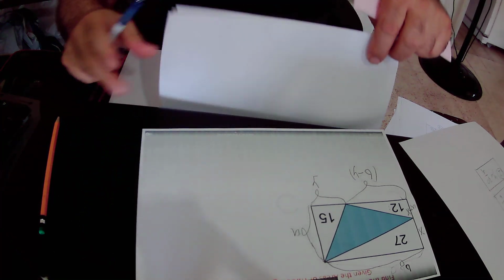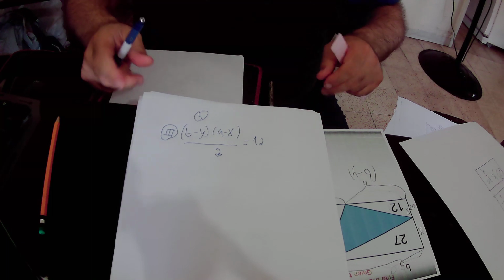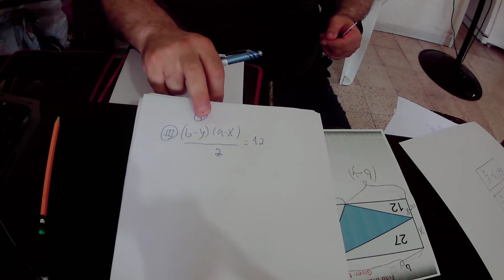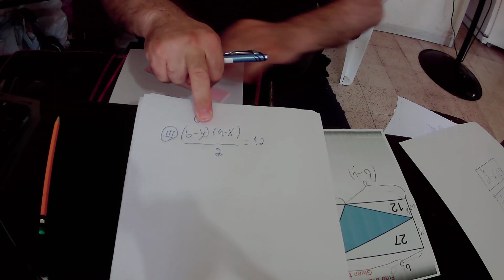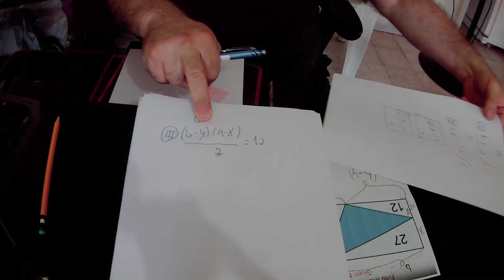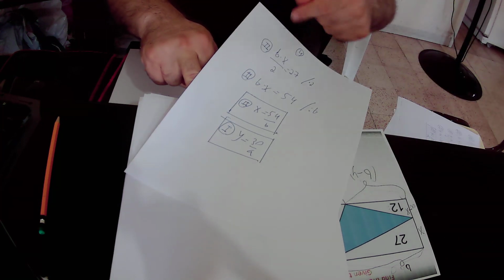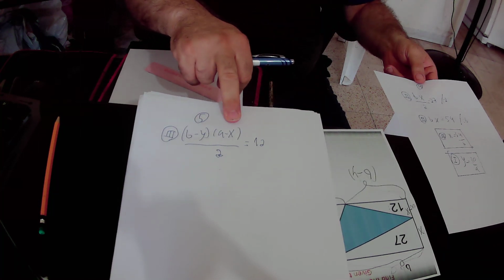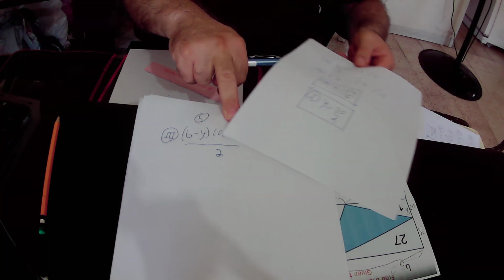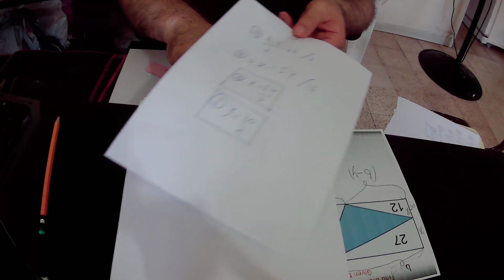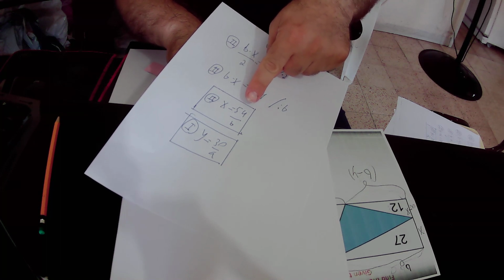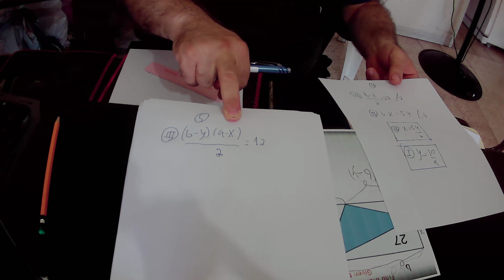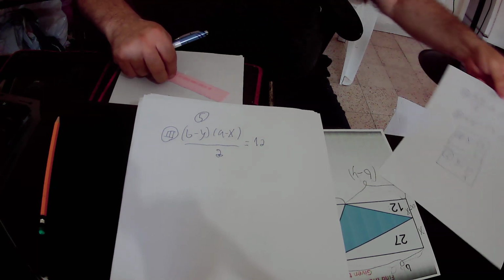Okay, this is the third equation, and actually we'll substitute y by 30 over a. You can see that y equals 30 over a, so we can substitute between them, and we will substitute x by 54 over b. x equals 54 over b, so we can substitute x by 54 over b.